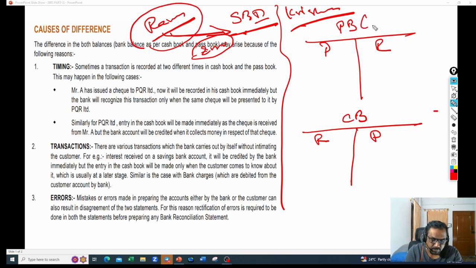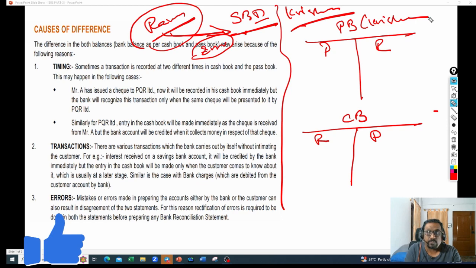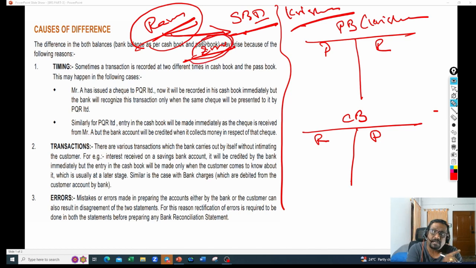This is Krishna's passbook, because Krishna's cash book we are preparing. But here what happened? Rama has also an account in State Bank of India. He deposited this 2,000 rupees. Then the banker is supposed to credit this 2,000 rupees in Rama's passbook. But what the banker did is, by mistake, he credited that in Krishna's passbook.